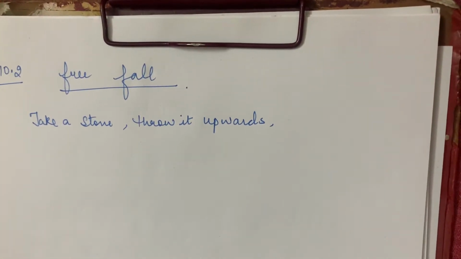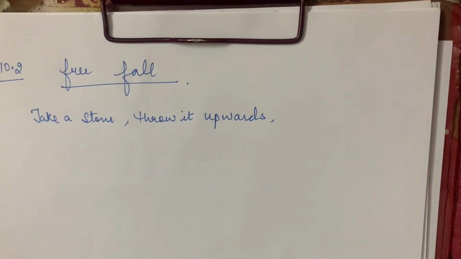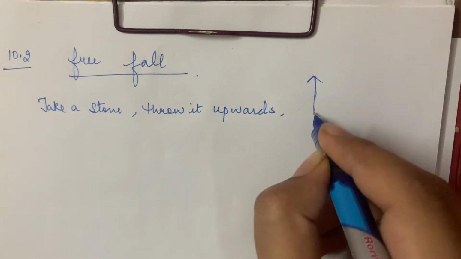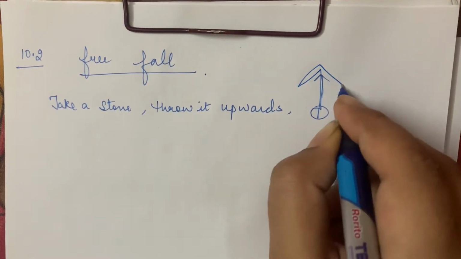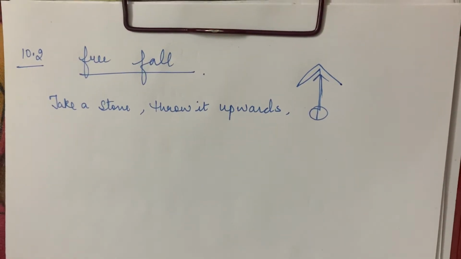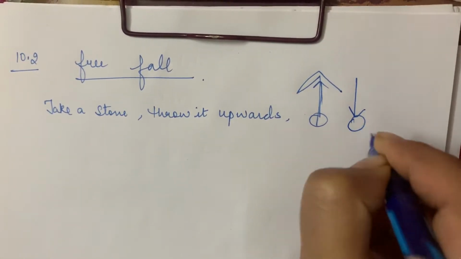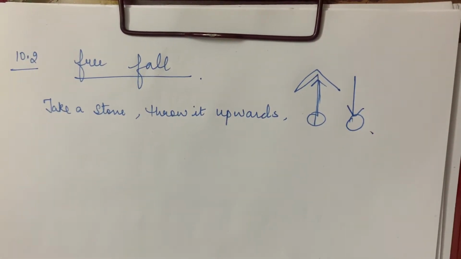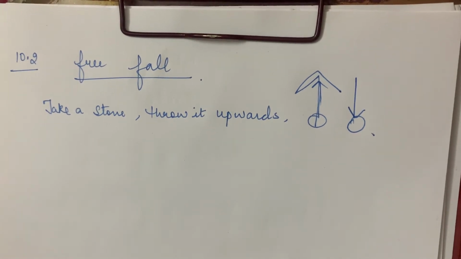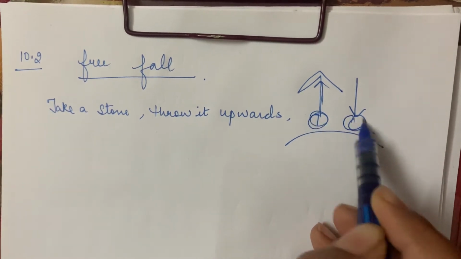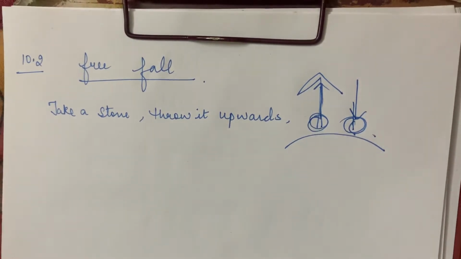What you will observe is that when you throw the stone upward, it will reach a certain height and then it will start falling down. So we know that the earth always attracts the objects towards it.